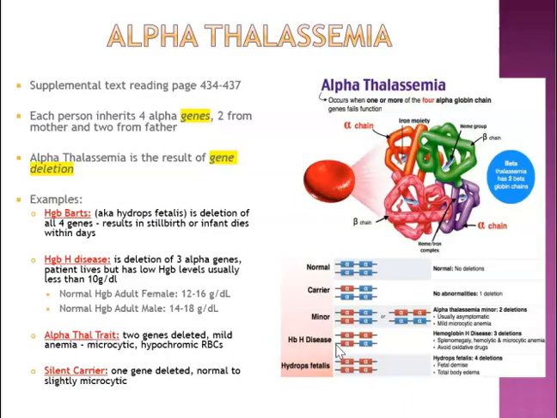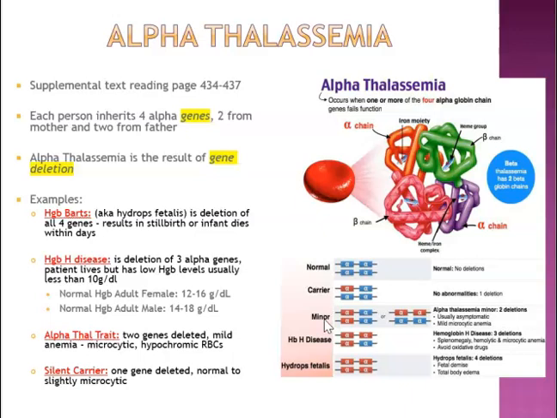If you have 2 genes deleted, this is known as alpha thal trait, or it may be referred to as minor thalassemia. Two genes are deleted, and you'll end up with mild anemia, and your red blood cells will be macrocytic hypochromic.